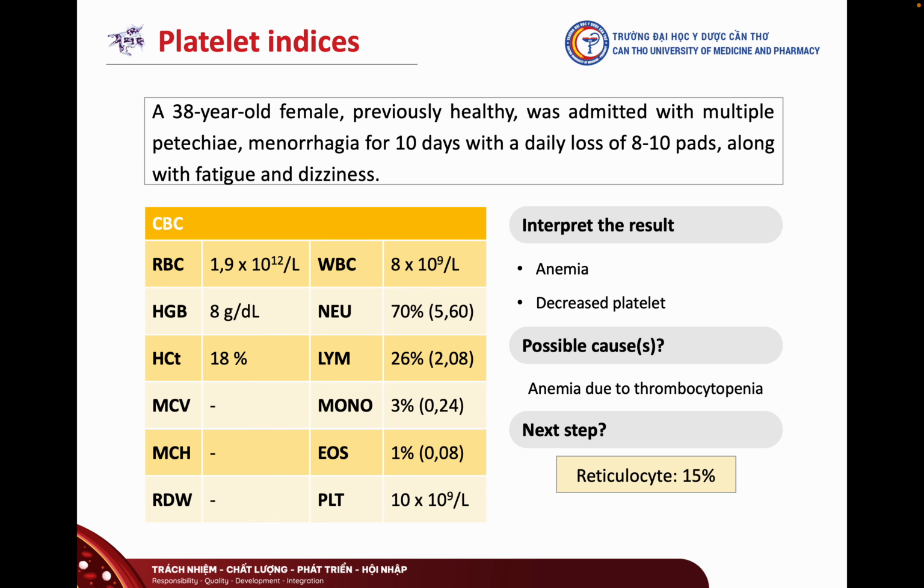So, what is the conclusion? It is a case of secondary anemia due to thrombocytopenia-induced bleeding, and the bone marrow is responding appropriately. At this point, our focus should shift to investigating the cause of the thrombocytopenia and managing the bleeding risk.